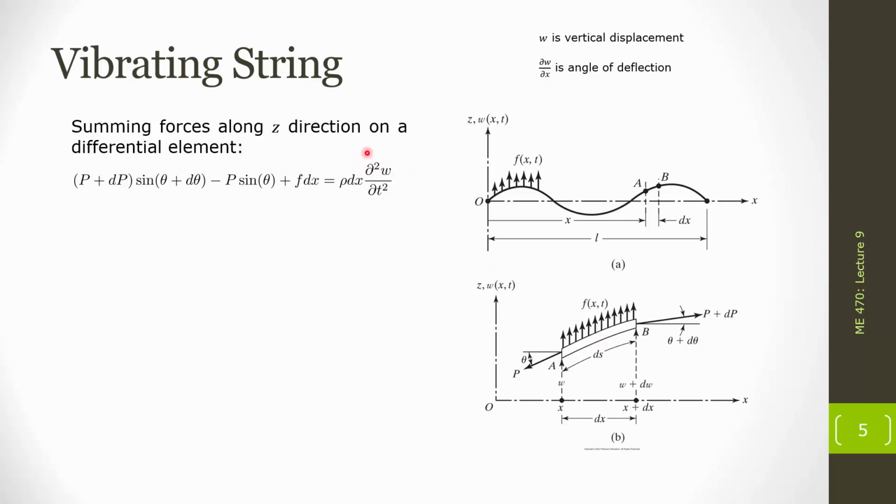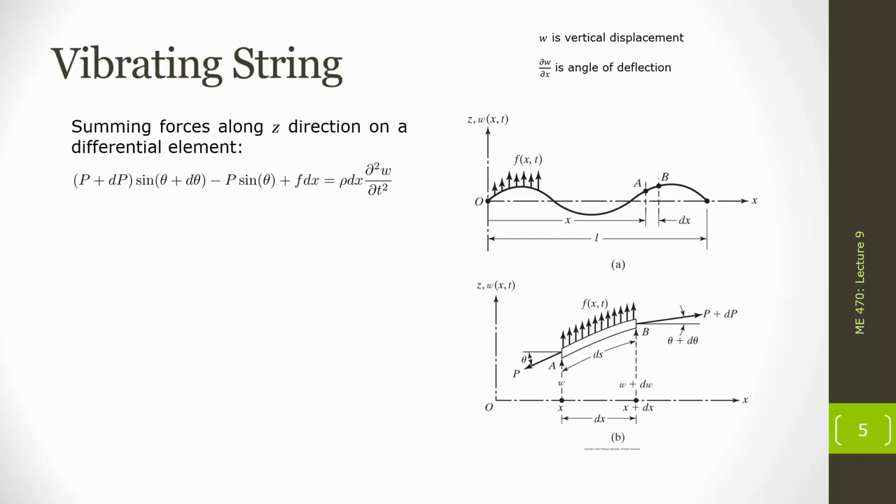So I want del squared w del t squared to get the acceleration of this particular length of string. And keep in mind these are partial differentiations because w is a function of two variables, where I am along the length of the string, x, and where I am in time since I started, t. So this is only a partial differentiation with respect to t.